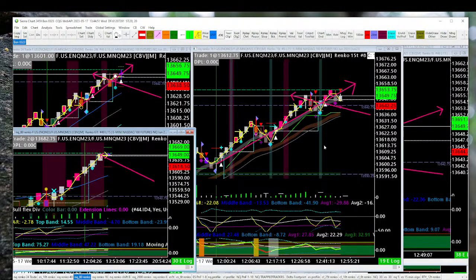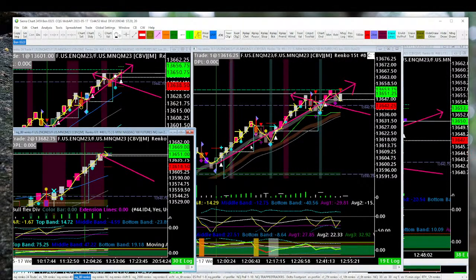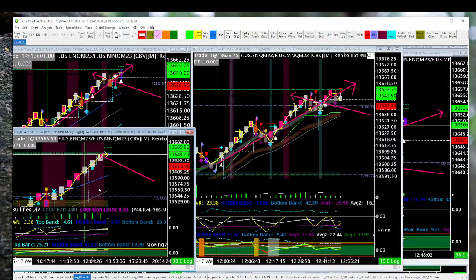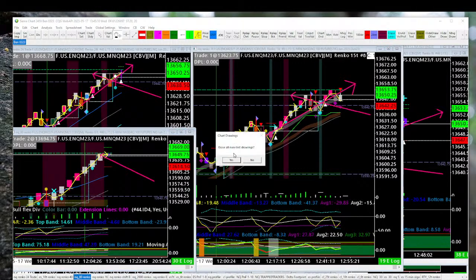Right? A lot more bars, a lot more zoomed in on this 15 tick, even though the information from the DOM and the footprint is the same. It's displaying it in different time frames, basically.